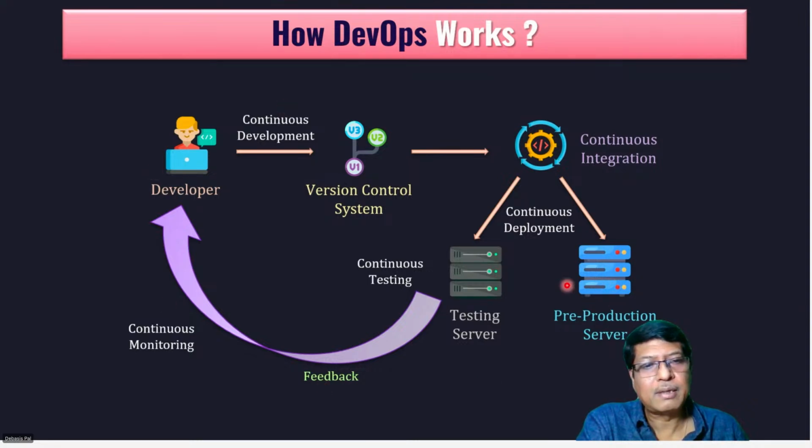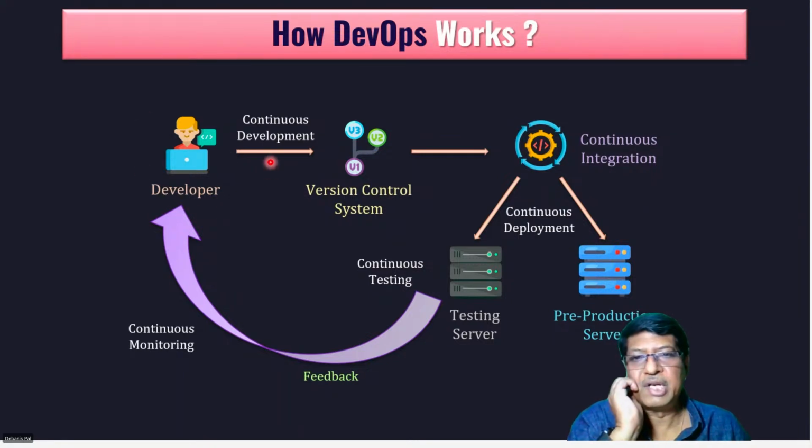But if the feedback on the UAT was not correct, it will go back to the developer with negative feedback. That means there should be some more development or some corrections. It will come to the version control, and similarly it will be picked up, built, and then delivered.